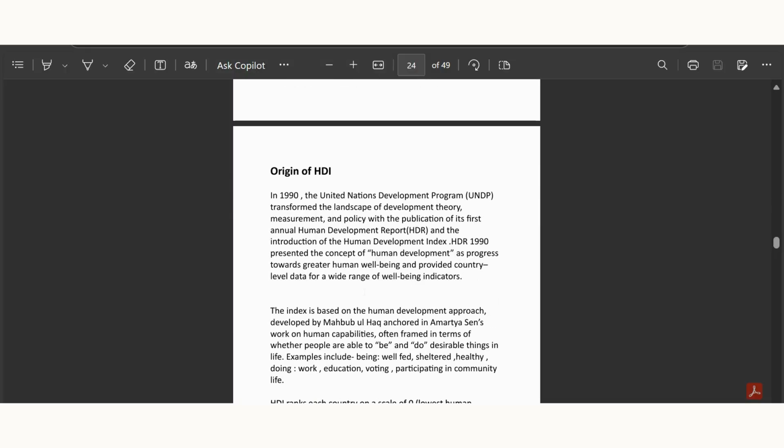In 1990, the United Nations Development Programme (UNDP) transformed the landscape of development theory, measurement, and policy with the publication of its first annual Human Development Report (HDR) and the introduction of the Human Development Index (HDI). The 1990 report presented the concept of human development as progress towards greater human well-being and provided country-level data for a wide range of well-being indicators.